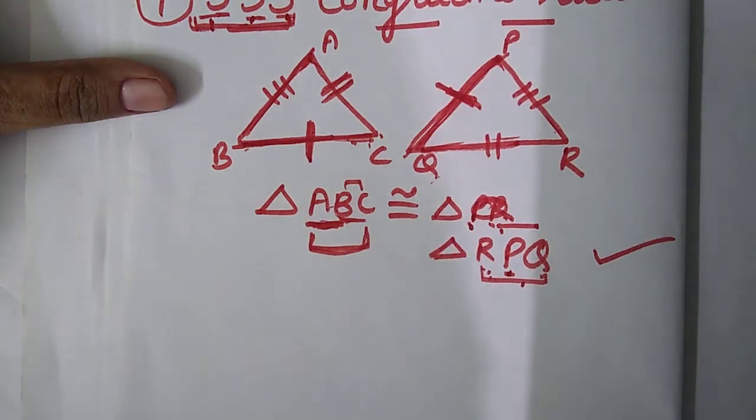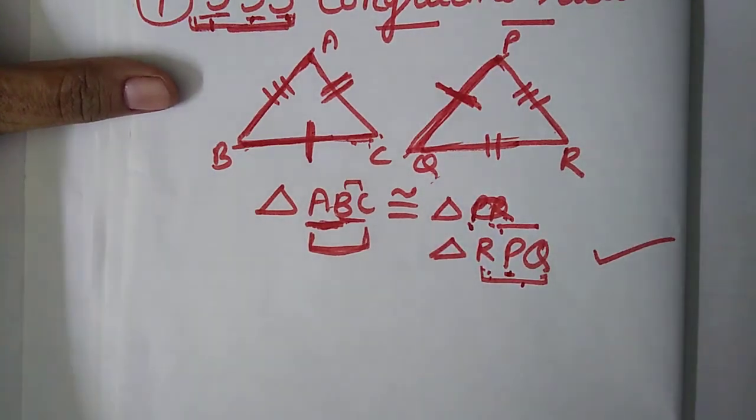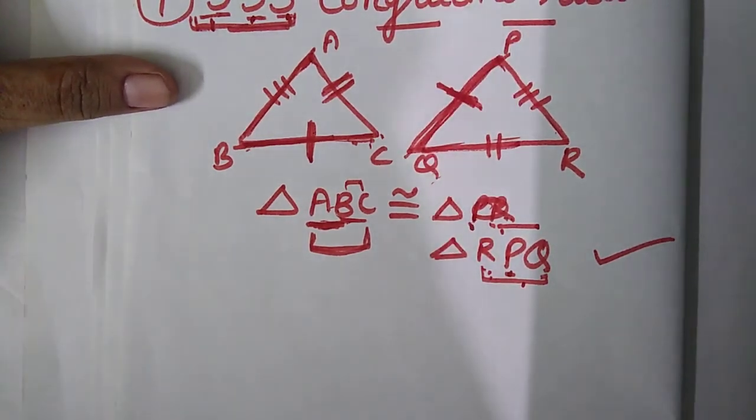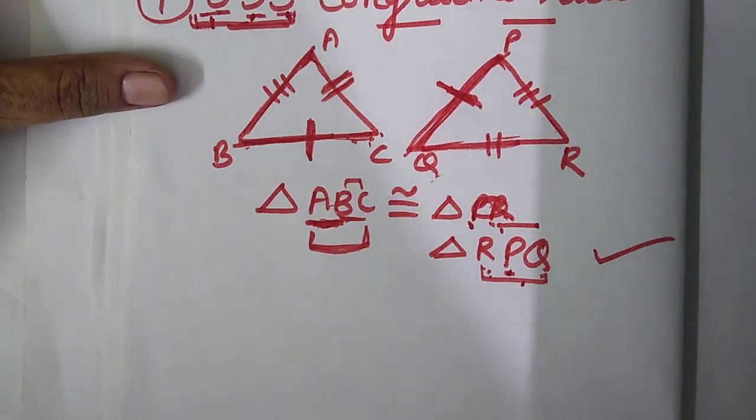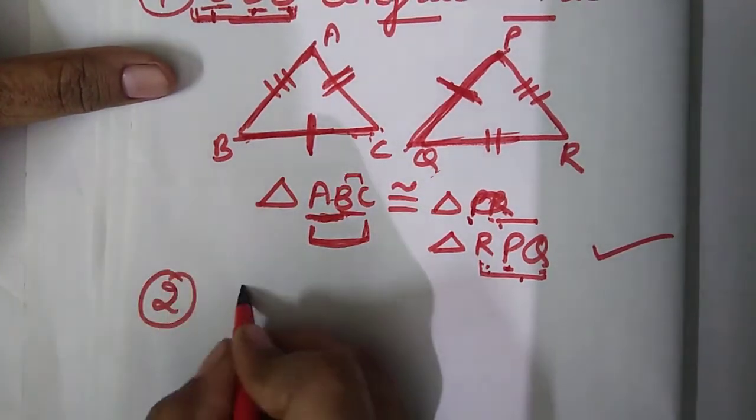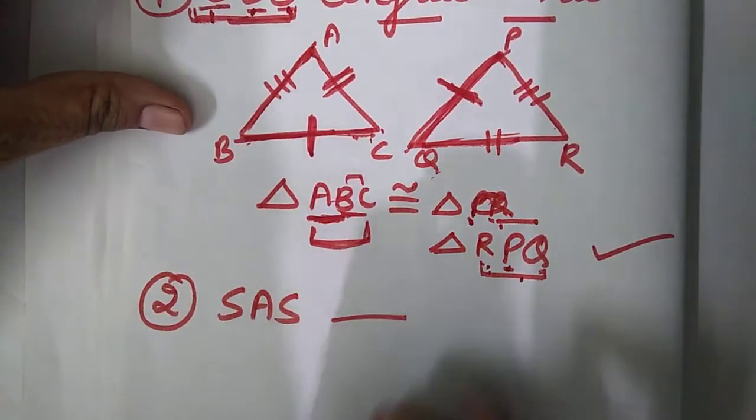It states that two triangles are congruent if the three sides of one are equal to the three corresponding sides of the other triangle. Okay, after that we have learned about the SAS congruence rule.